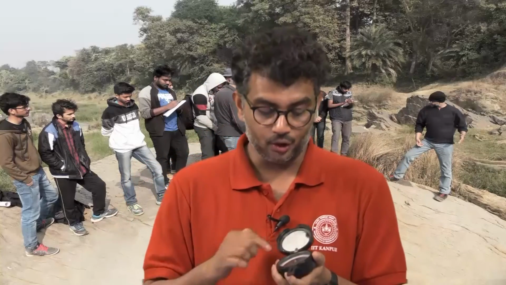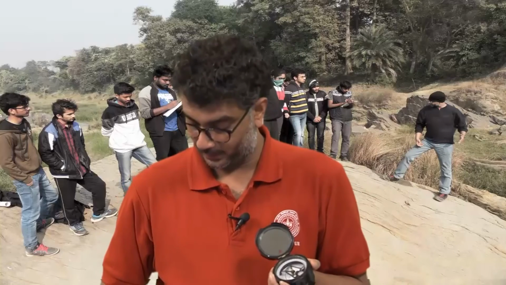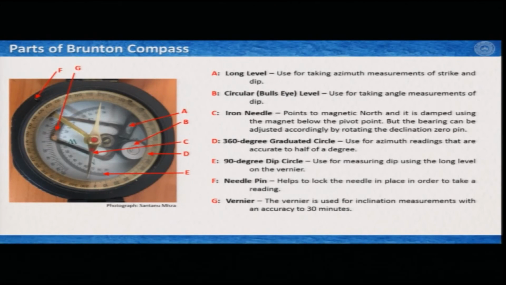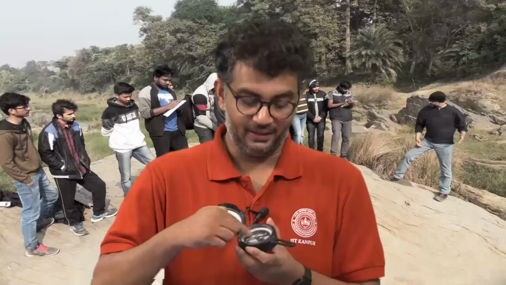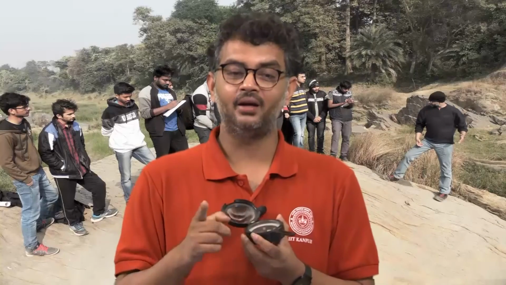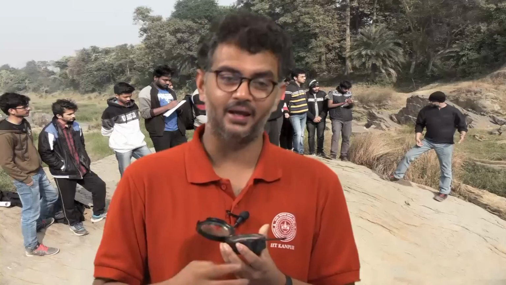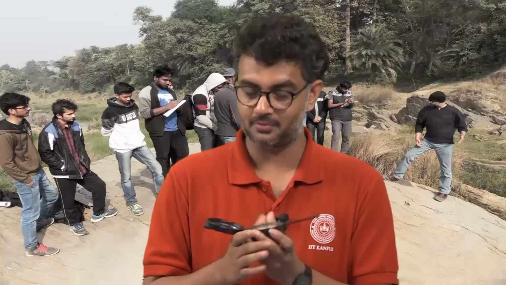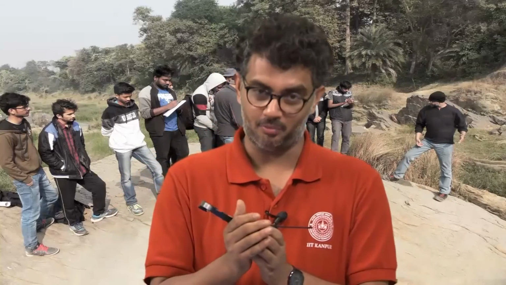Now, let us have a look at what we have inside this dial, because this is the most important part that you need to know. In this dial we have one needle, and this is a magnetic needle. One end always points towards the north and another end towards the south, no matter how you orient or how you keep it.